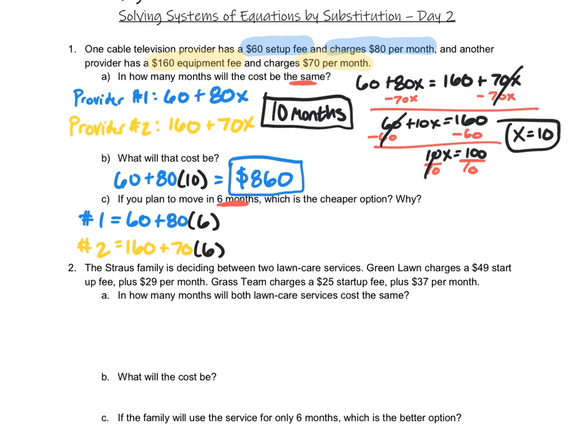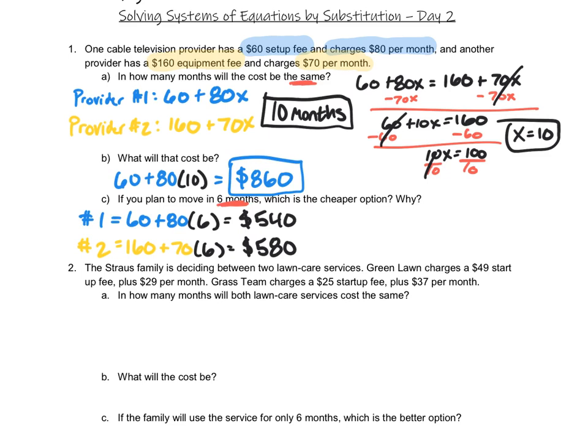Is everybody okay with why we're doing it that way? All right. Then as you solve that and multiply them out, 80 times 6 gives you 480, plus 60 is $540. That's all calculator work. The second one, 160 plus 70 times 6. Well, 70 times 6 is 420, plus 160 is 580.